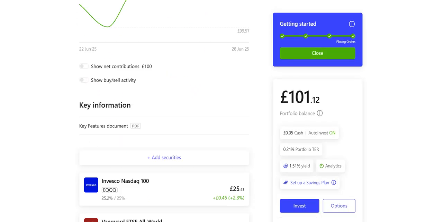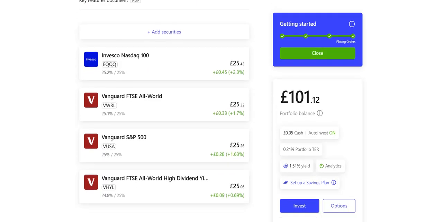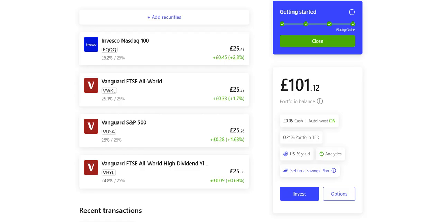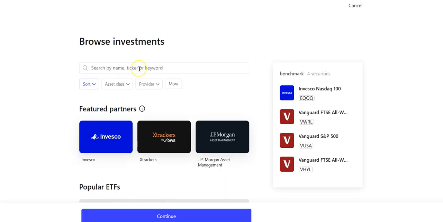I'm not saying you need to invest in these, but these are some of the most popular. I'll show you quickly, there are other ones you can just go in and choose. Let's have a quick look. I was looking at Germany earlier.